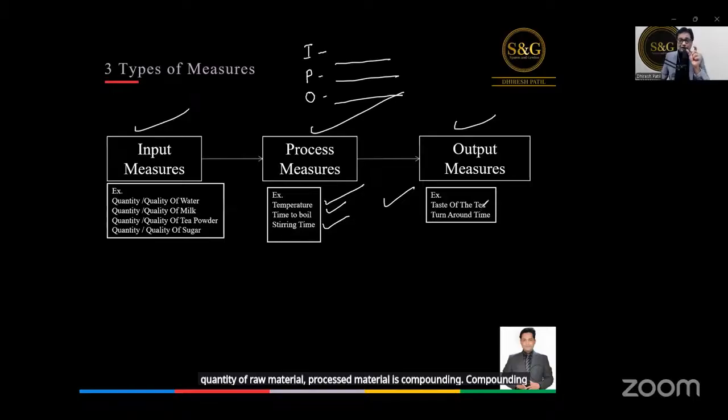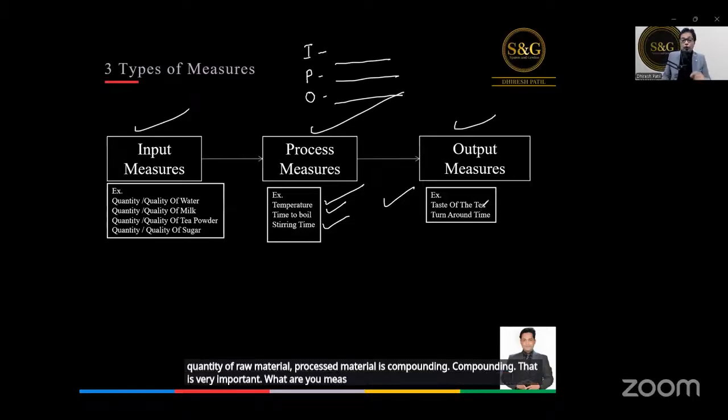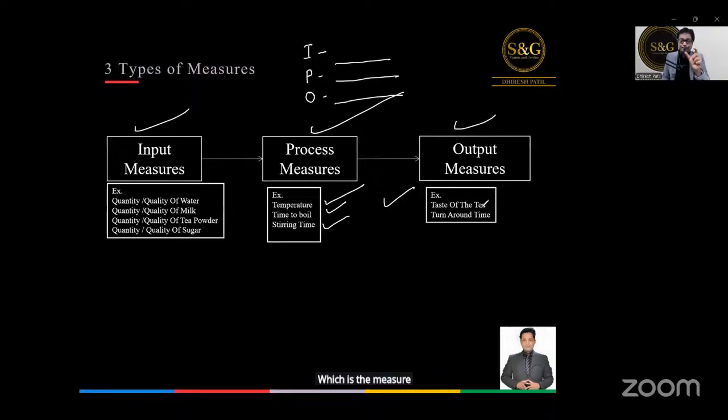That is very important. What are you measuring in compounding? Which is the measure of compounding? And for the finished product output, what? Is it weight of finished product? Is it density? Be very specific. What are we measuring?